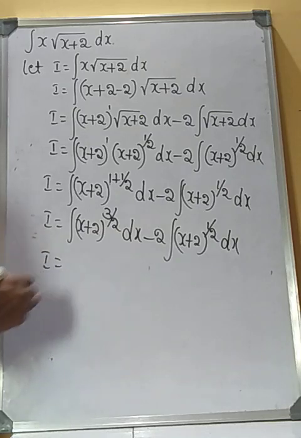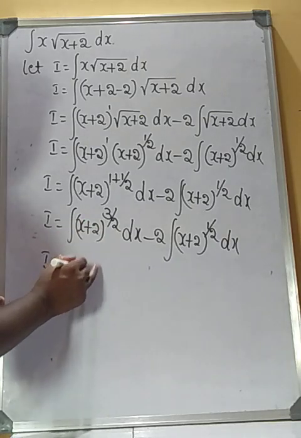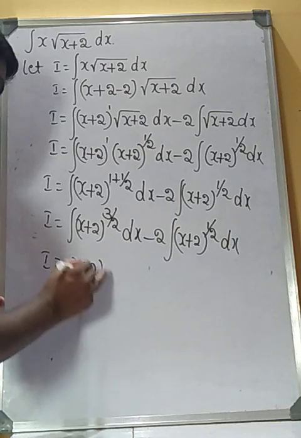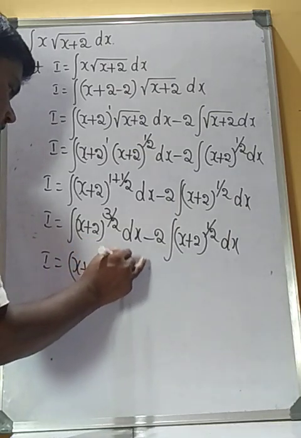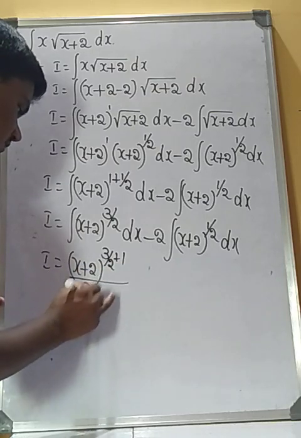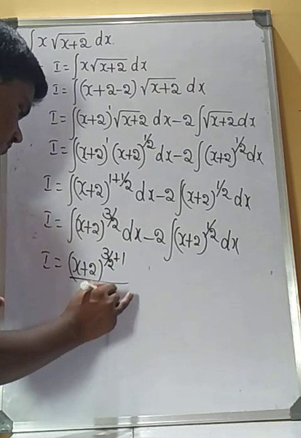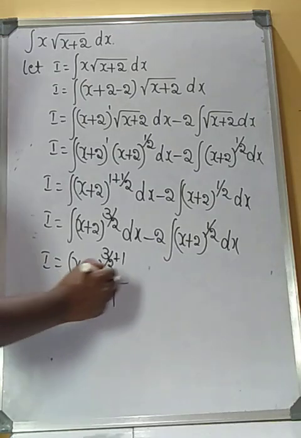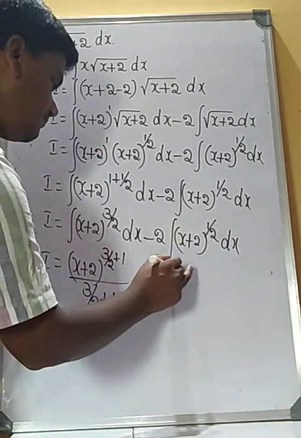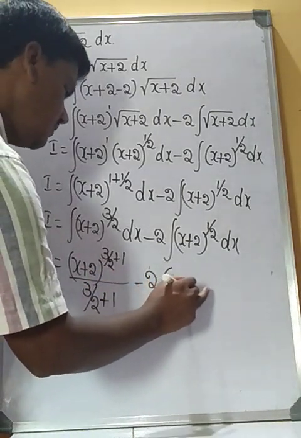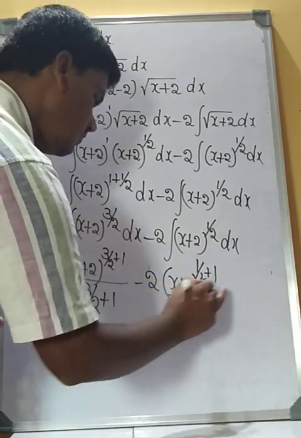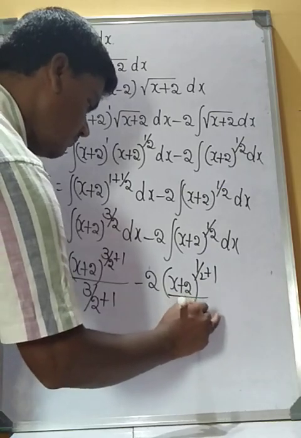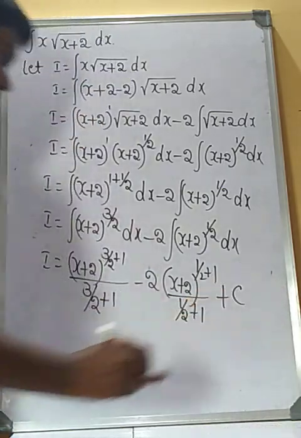Therefore, I is equal to x plus 2 whole power 3 by 2 plus 1, divided by 3 by 2 plus 1, minus 2 into x plus 2 whole power 1 by 2 plus 1, divided by 1 by 2 plus 1, plus constant of integration c.